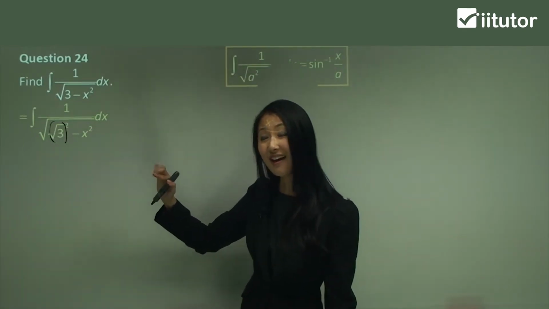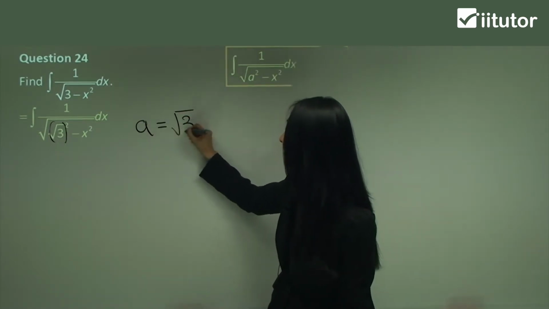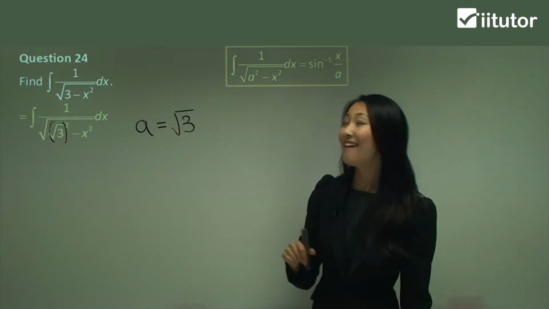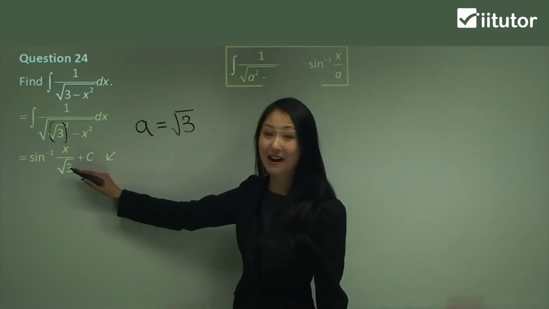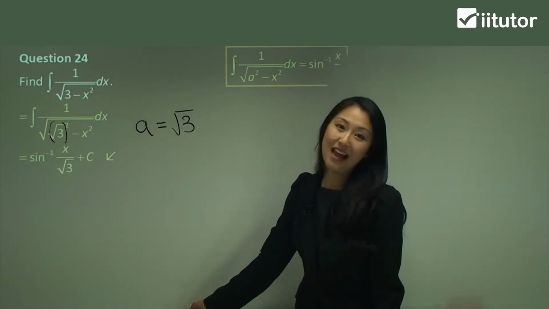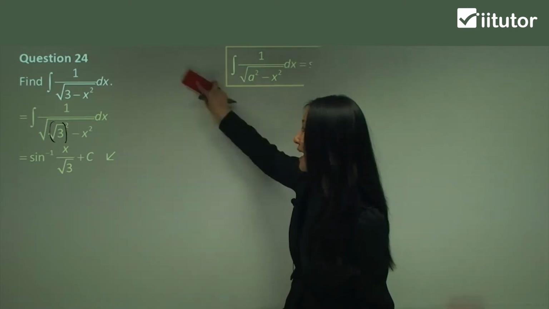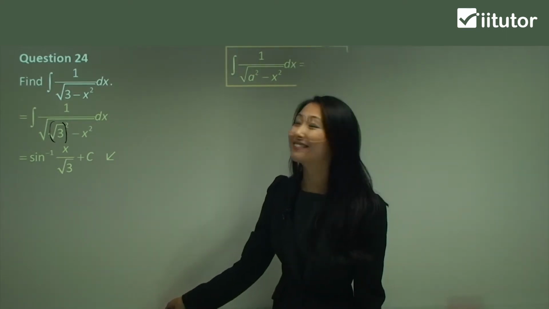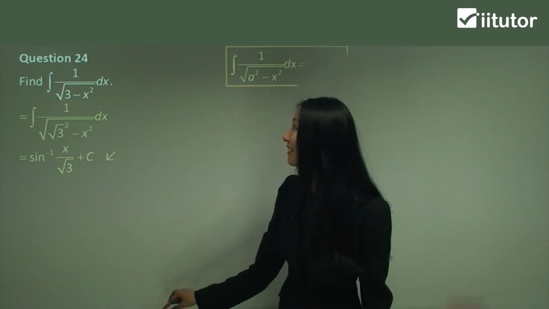So you can do that, and therefore a is going to equal to square root 3, yeah? Substitute that in, we get inverse sine x on square root 3, and then plus c. So this is just to show you that if you get a number like 11 or anything like that, you can just make it square root 3 or square root 11. Okay, so that was question 24.